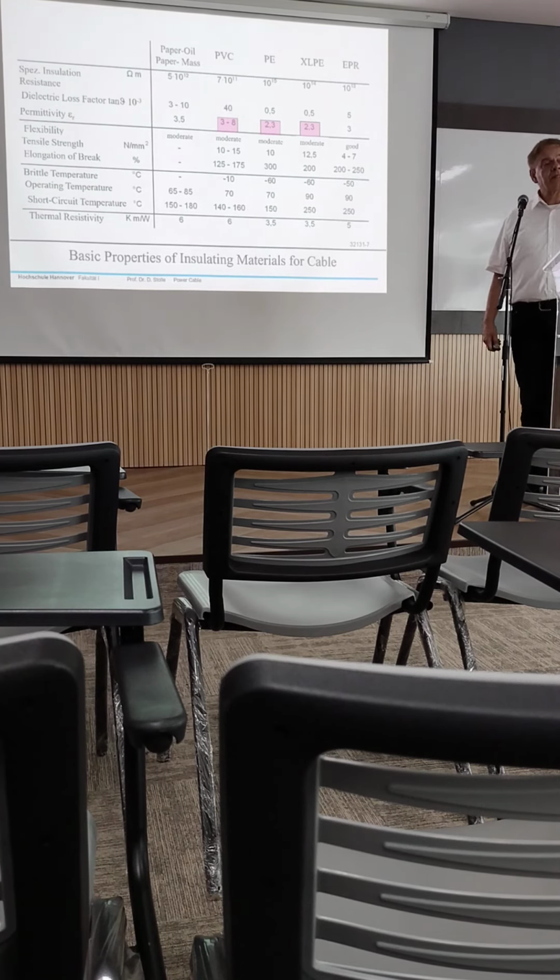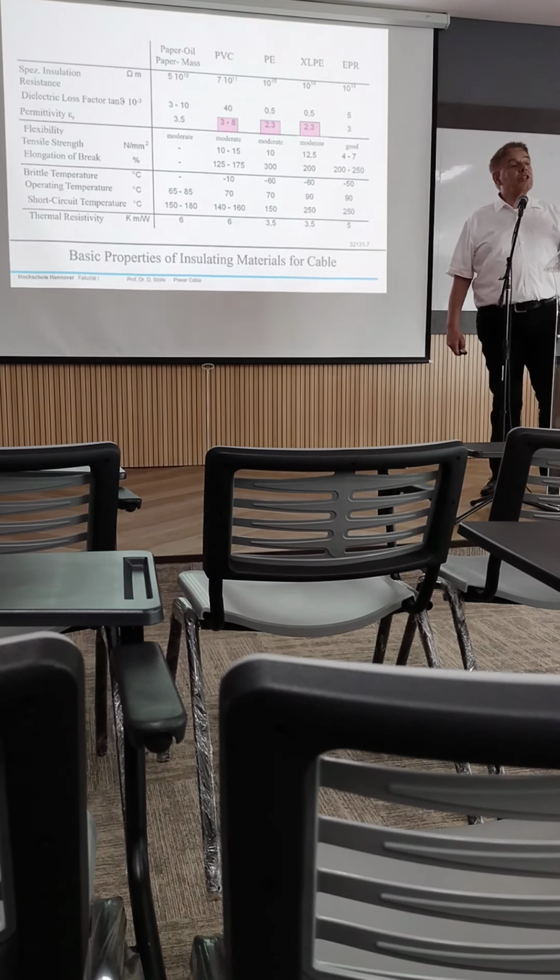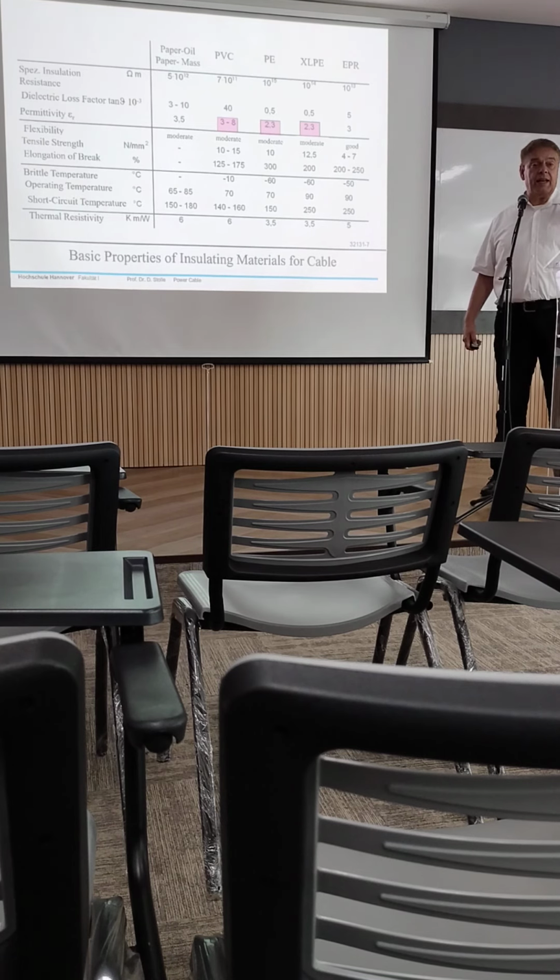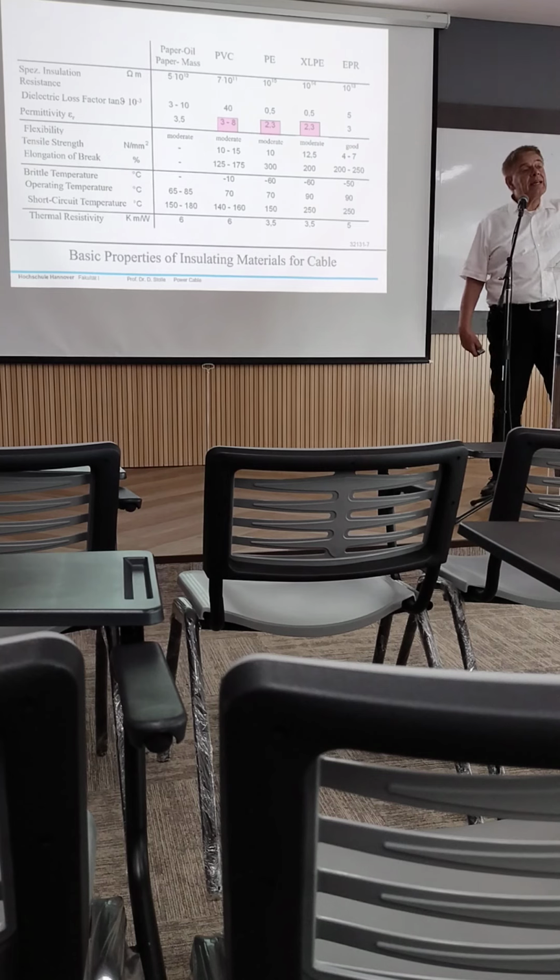And that's the reason why for high voltage or medium voltage, so up to 110 kV, we use only polyethylene as an insulation. We cannot use PVC as an insulation for higher voltages because of the high dielectric losses inside the PVC insulation.